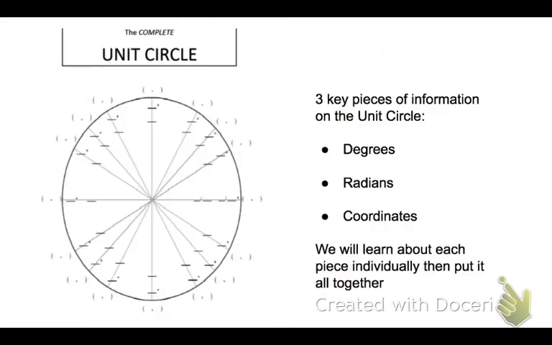Going back to the initial picture you saw of the completed unit circle, this is a picture that is going to go in your notebook or on some piece of paper that needs to be readily available and referred back to often to ensure that you understand and memorize this information.